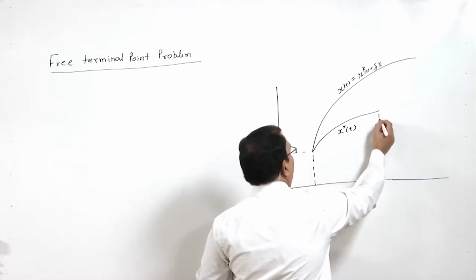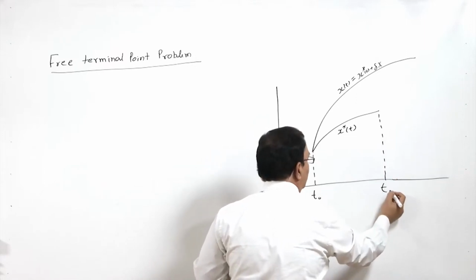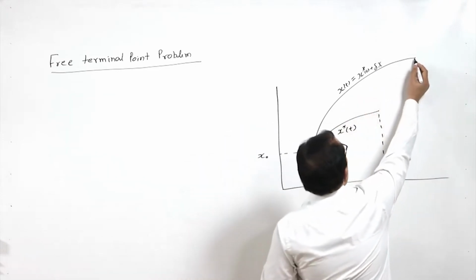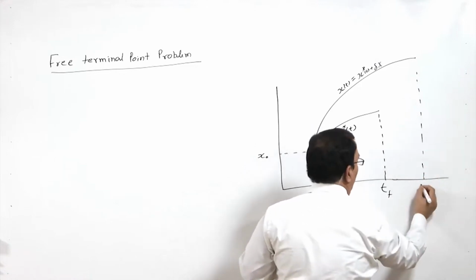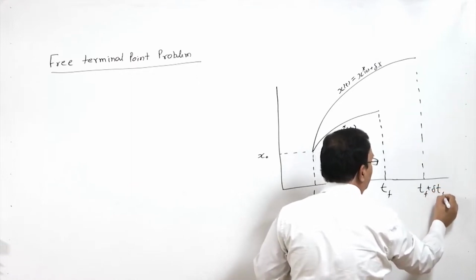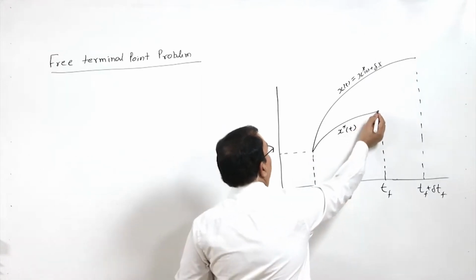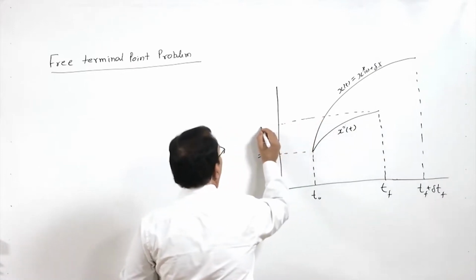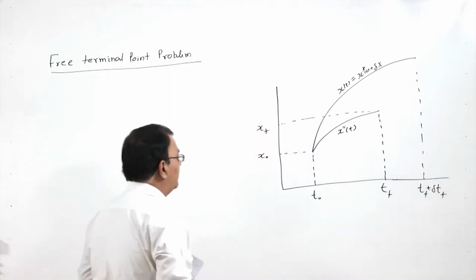My optimal trajectory is terminating at the tf point, and the varied trajectory will go beyond the tf point, to tf plus delta tf. At tf, let my optimal trajectory have the value xf.